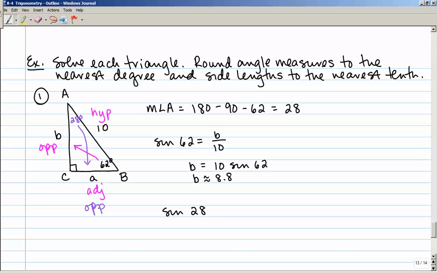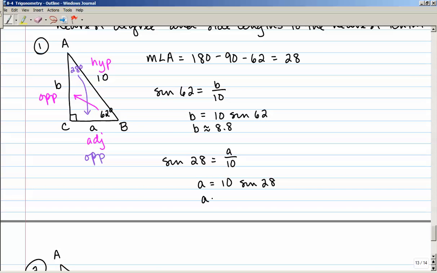Sine of 28 is the opposite, which is A, over the hypotenuse, which is 10, where A is equal to, multiplying both sides by 10, 10 times the sine of 28, or A is approximately equal to 4.7. So remember, solving a triangle means finding all of the missing measures, any missing angles or any missing sides.